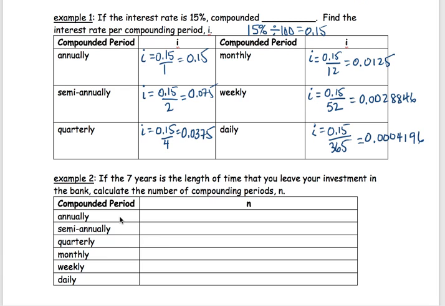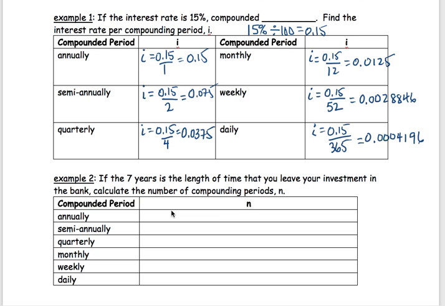So if the interest is compounded at these various compounding rates, we need to figure out our periods, how many times that will be in the 7-year period that we're leaving our money in there. So that's what we're looking at. It doesn't matter what the interest rate is or any other information right now.